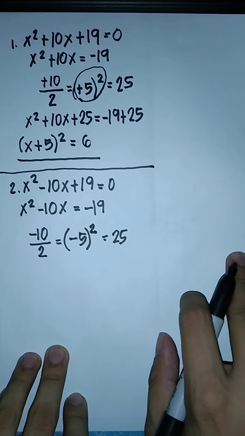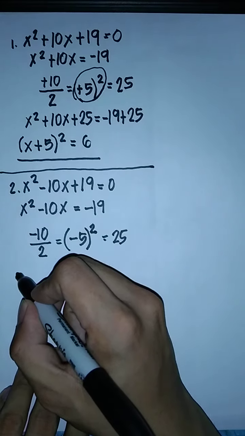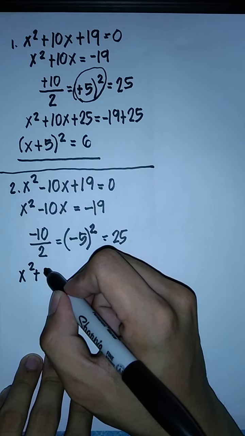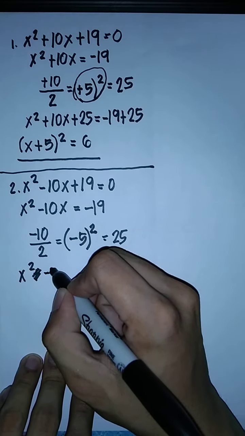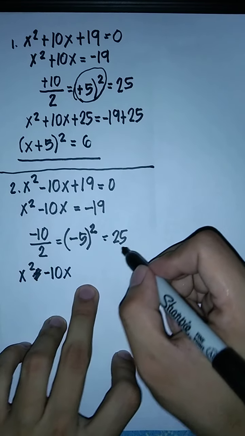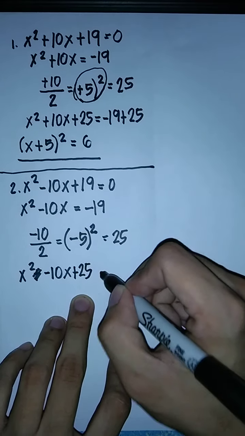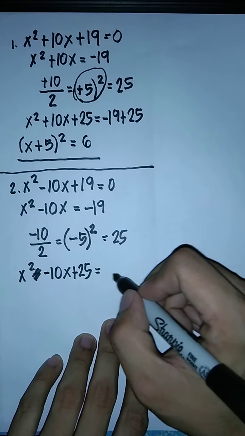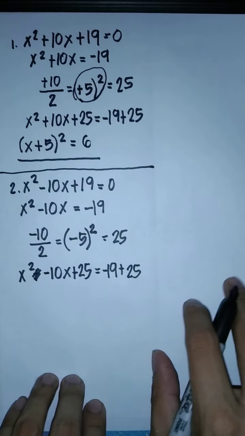So let's rewrite yung ating equation. So we will have x squared minus 10x plus 25 is equal to, so let's insert, we have negative 19 plus 25.